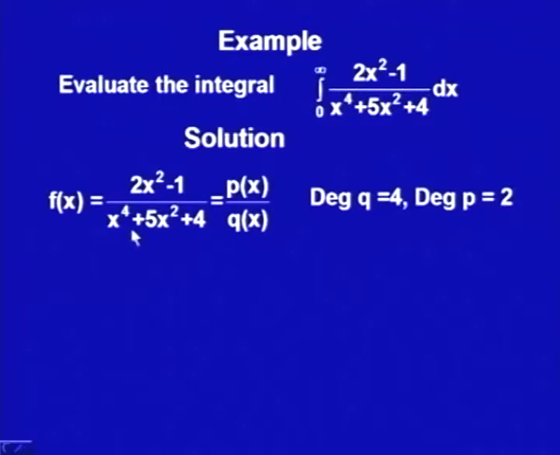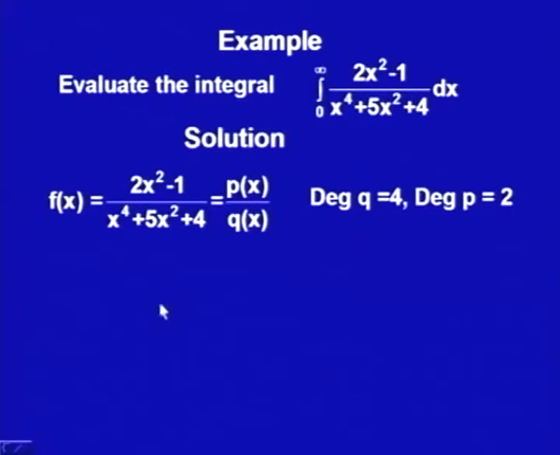From here we see that all the signs are positive, so certainly it is not going to have any. And if I try to find the zeros of x to the power 4 plus 5 x square plus 4, we will not have any real zeros over here. All the roots are complex numbers.